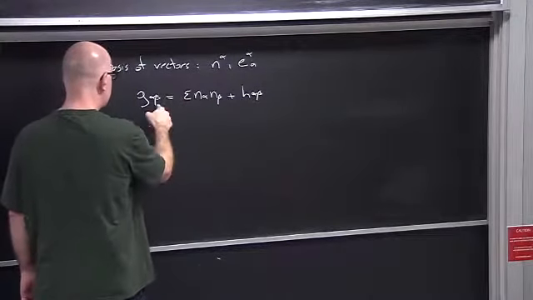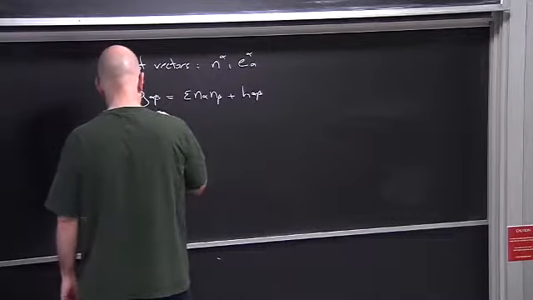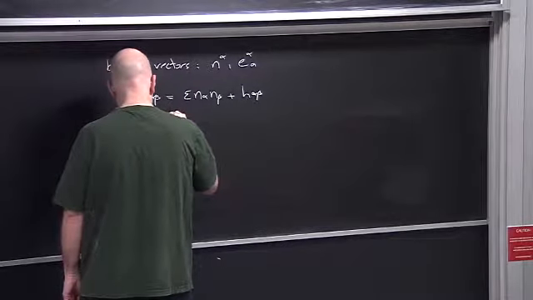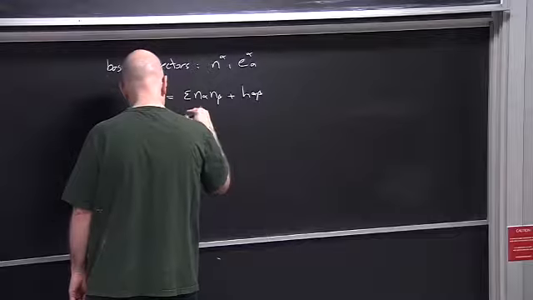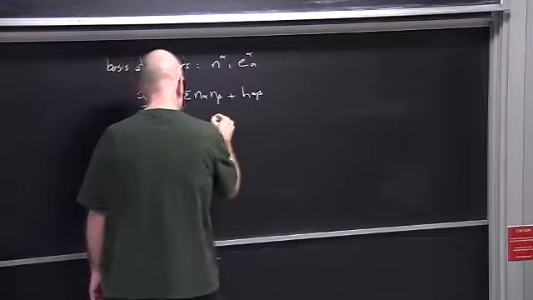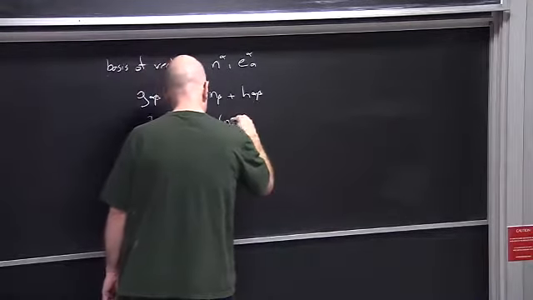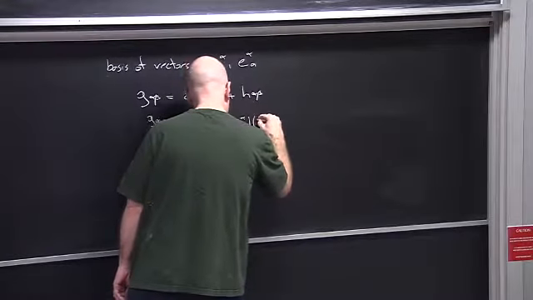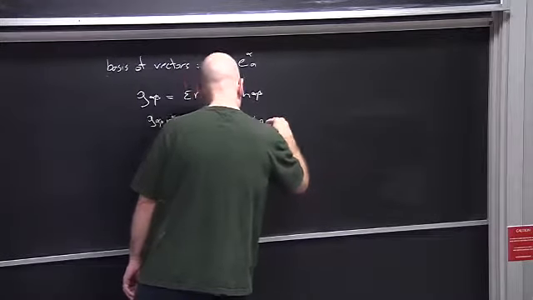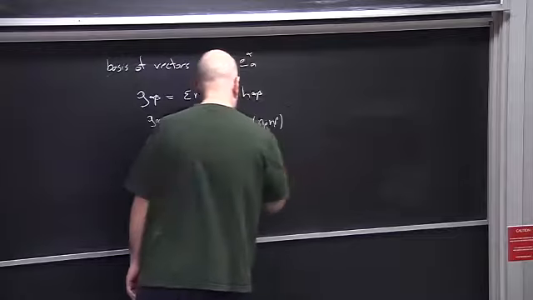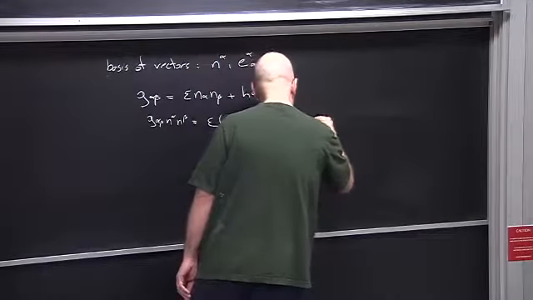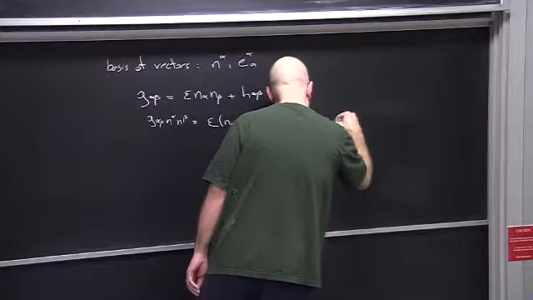So for example, if I take the inner product of n with itself, I get that. This piece here, of course, is orthogonal to n, so I get rid of it.